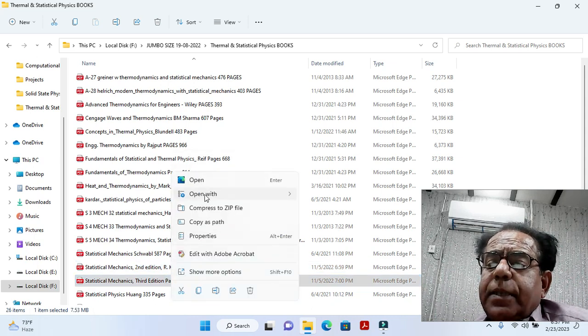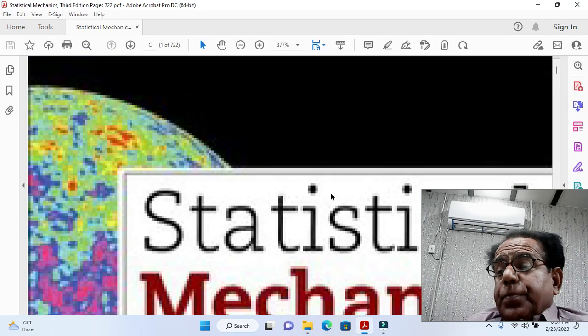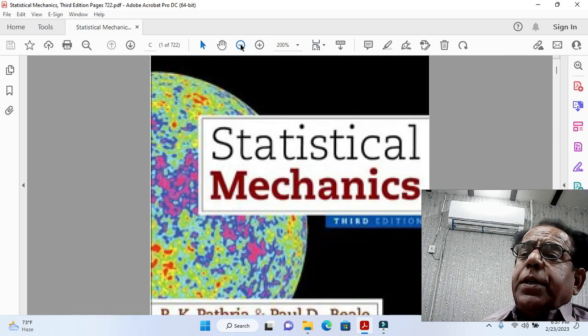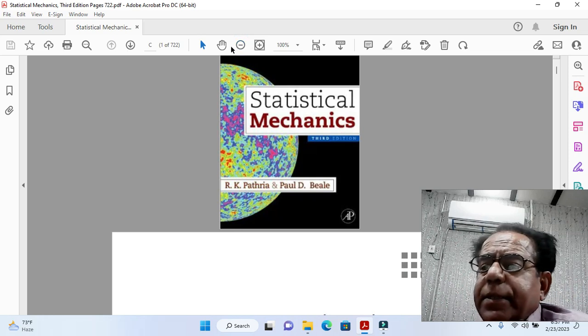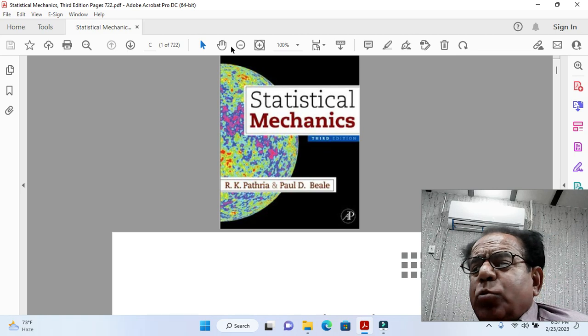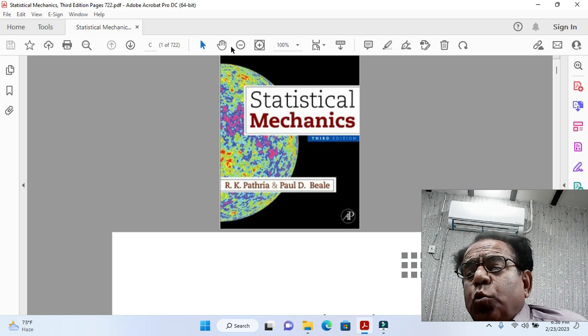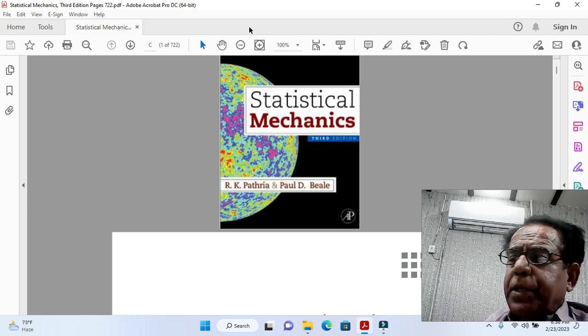The next book consists of 722 pages, and this is the third edition. Statistical Mechanics, R.K. Pathria and Paul D. Beale. Dear students, I think perhaps this is the extension of the previous book. In the previous book, only one author was present, R.K. Pathria, but here Paul D. Beale has also appeared, and this is the third edition.